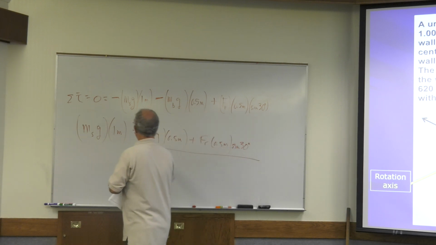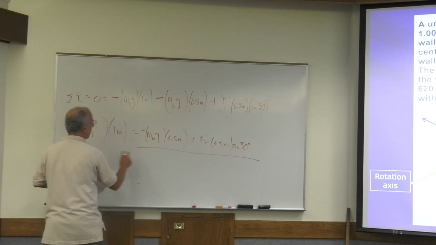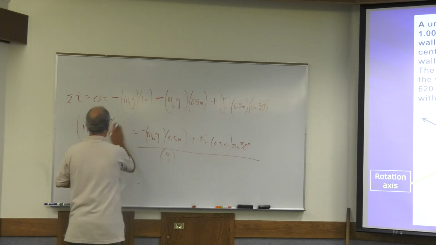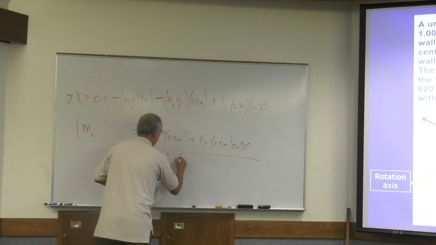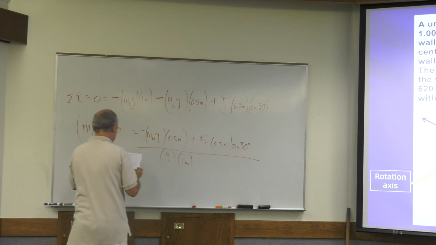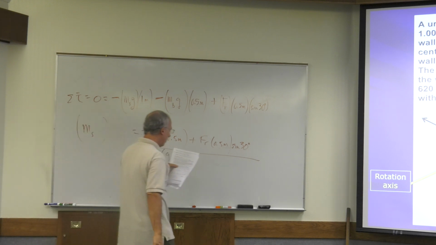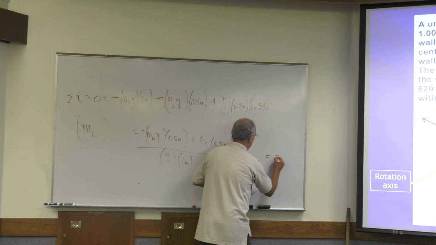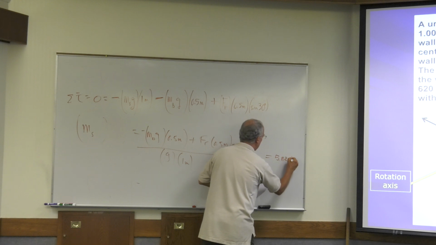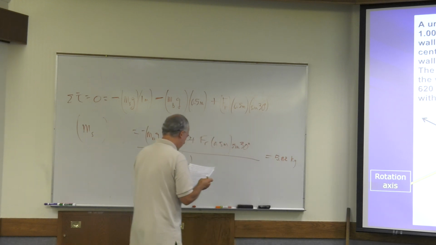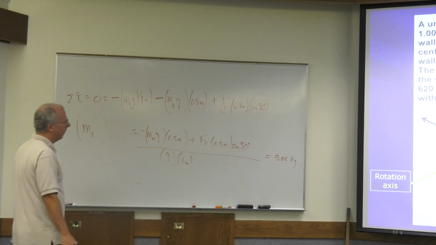Okay, and then we're going to divide by the g. We're going to divide by the 1 meter. And I promise you, you do that, you get 5.82 kilograms. Okay, so there you go.